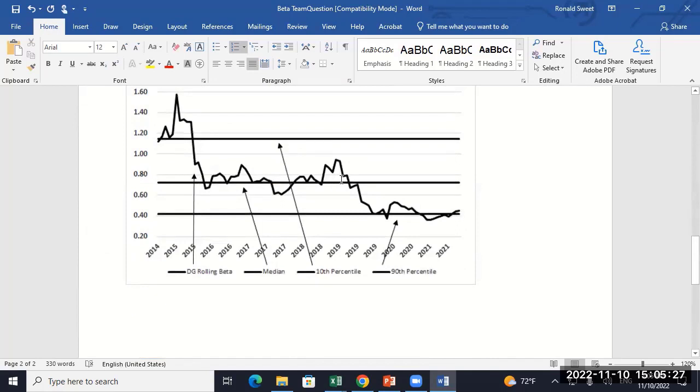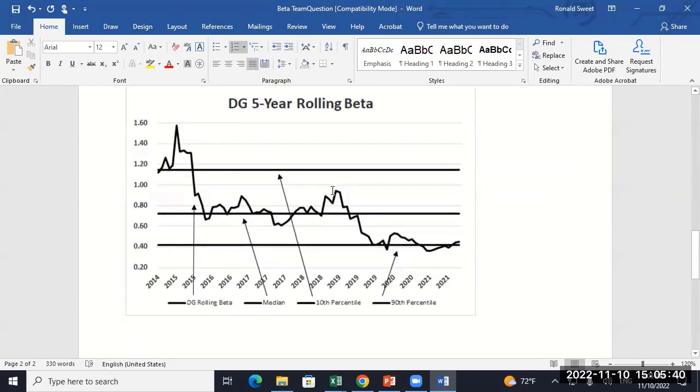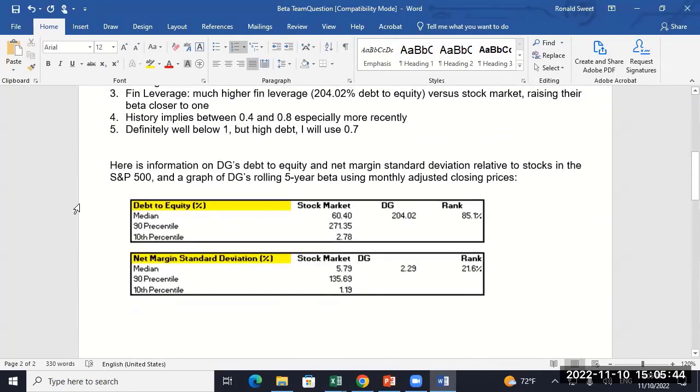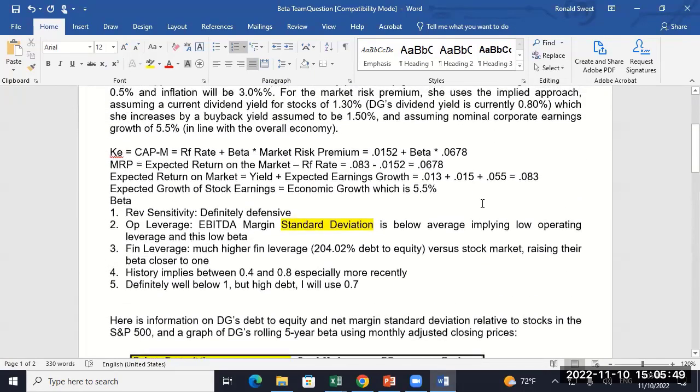Even back here, you say, well, that's the higher end, but that's really revolving around 0.8. So it really doesn't make sense to go above 0.8. Back here, who knows what was going on back there. And they did buy Family Dollar, right? Didn't they, here somewhere? That might have had some impact on them as well. All right, so that gives me a 0.7.